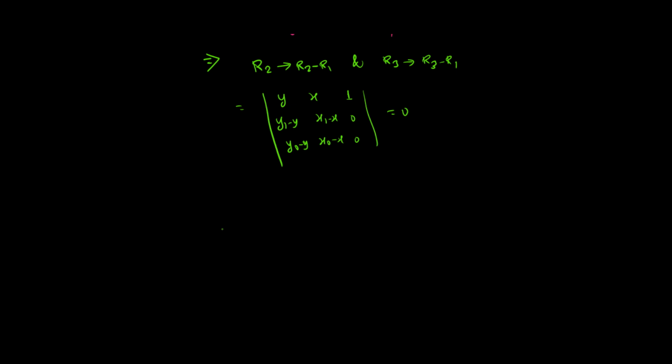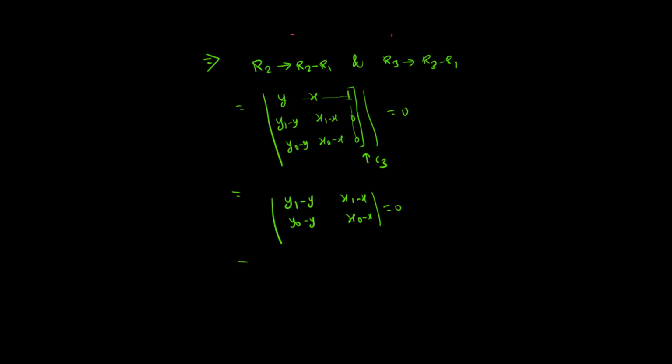Moving on further, when we calculate the determinant with respect to this column, that is my column 3, these two terms are 0. The only term that we will be left with is the determinant of these four terms, that is y1 minus y, x1 minus x, y0 minus y, and this side x0 minus x, and this will be equal to 0.